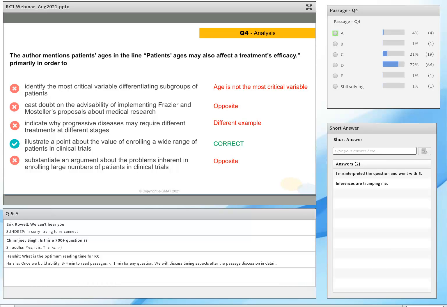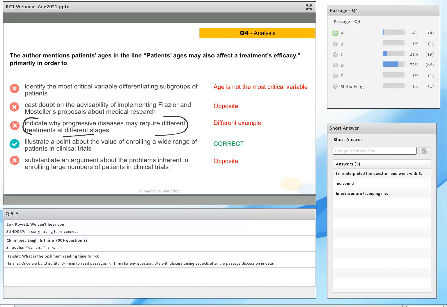I'll still talk about choice C maybe. Indicate why progressive diseases may require different treatments at different stages. Just think about it.